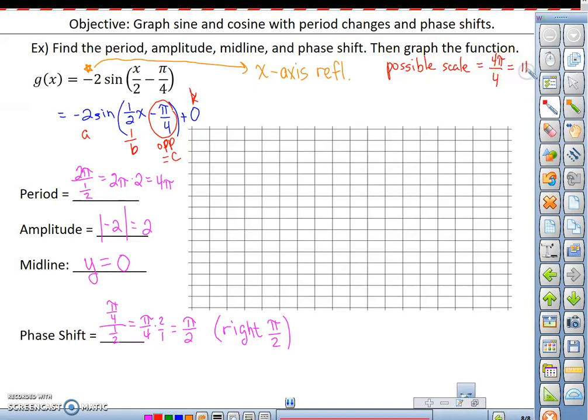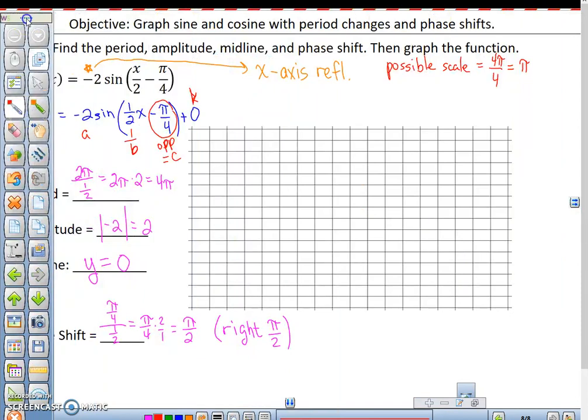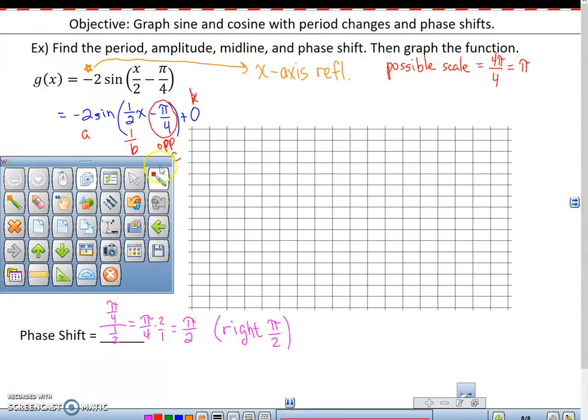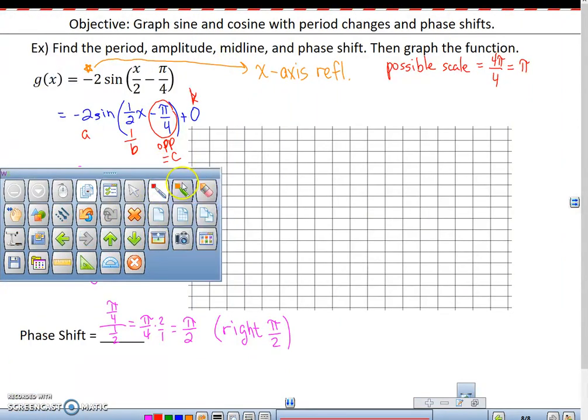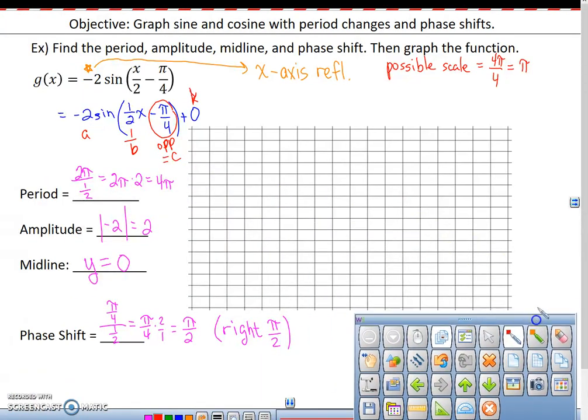That seems a little large to me, especially because my phase shift is smaller than that. It's pi halves. So I could use pi, but a lot of my points would end up on or in between squares. So I could also use a factor of this, which would be pi halves, and that being equivalent to my phase shift, I like that. So I'm going to use a pi halves scale for my x-axis.